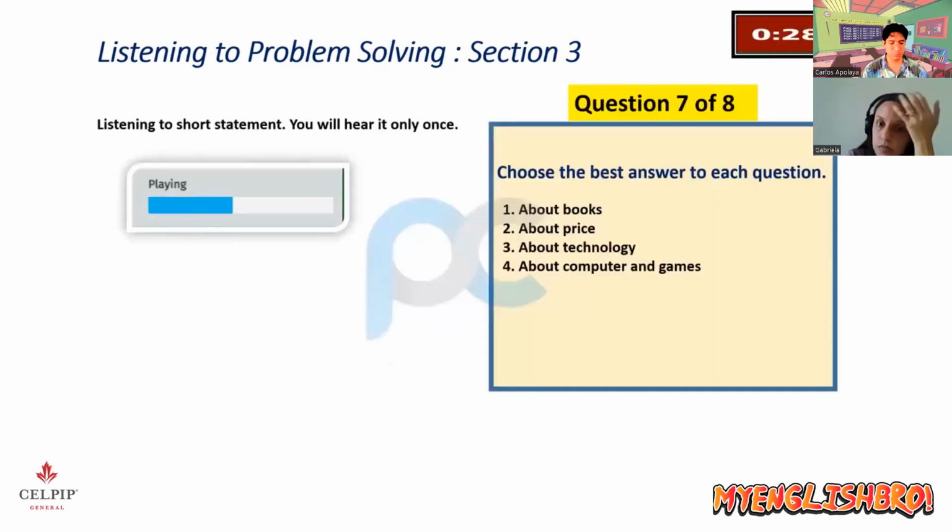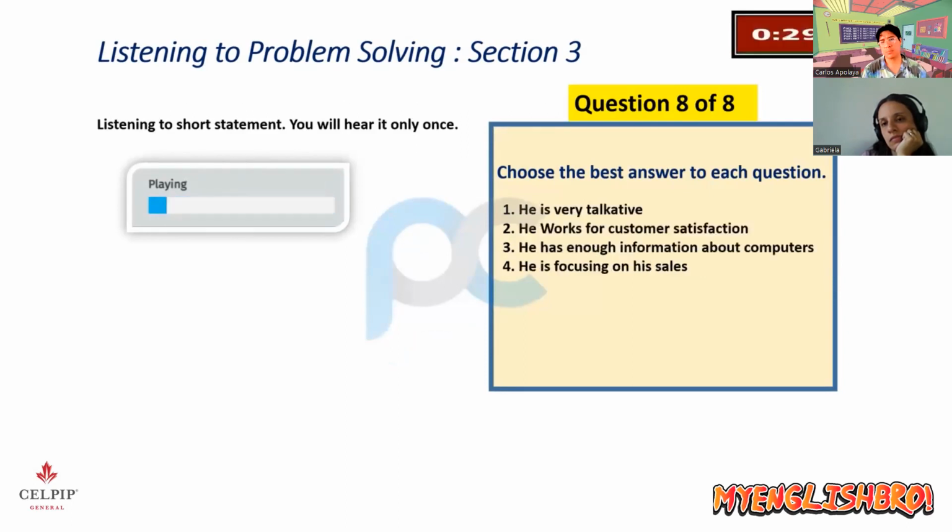Question 7. What kind of queries Tina generally has? Question 8.